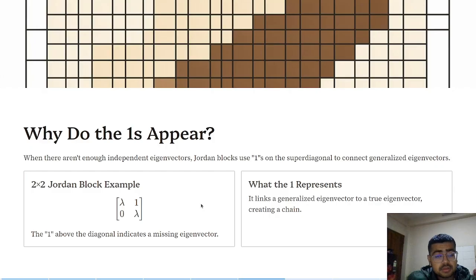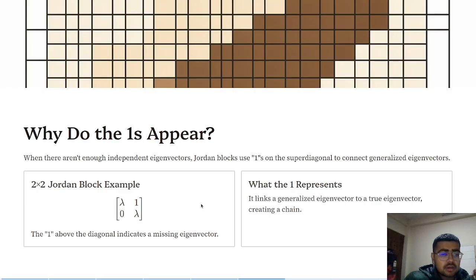So let's go to the Jordan block. Suppose there is a matrix. Imagine a diagonal matrix. In a diagonal matrix, every element on the diagonal is non-zero and every other is zero. However, in Jordan normal form, it's not exactly fully diagonalized, meaning the diagonal elements are non-zero, that's basic, but there is a one that appears in the superdiagonal. Why does it occur?